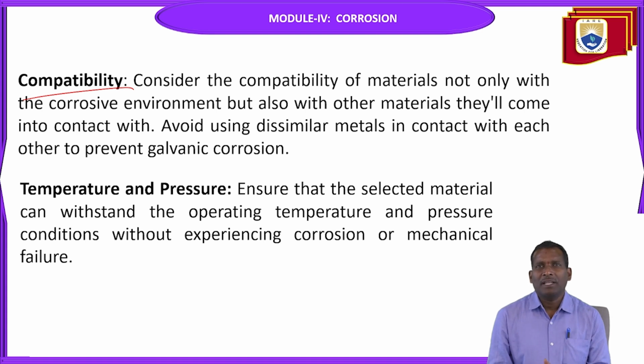So the materials should meet the environment's weather conditions and also be compatible with other materials. Avoid using dissimilar metals in contact with each other to prevent galvanic corrosion. We have already studied the galvanic corrosion type, so to prevent it, avoid using dissimilar metals.